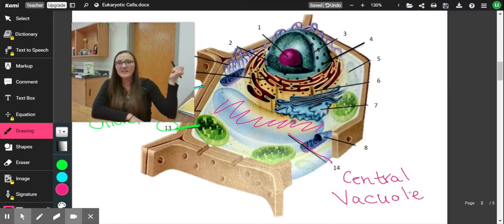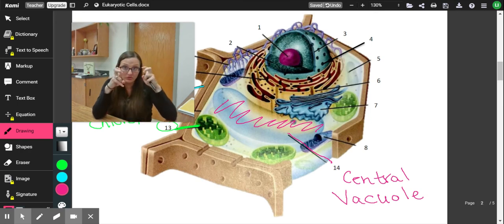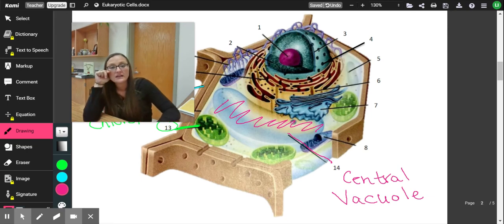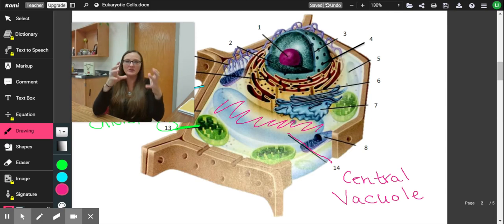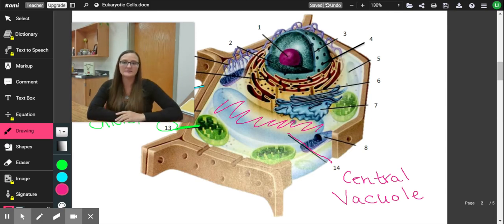It holds water. It holds digestive enzymes, I think. It's going to hold food for the plant temporarily. It also kind of fills up the middle of the cells to keep plants upright, sort of. And so it helps with cellular pressure.